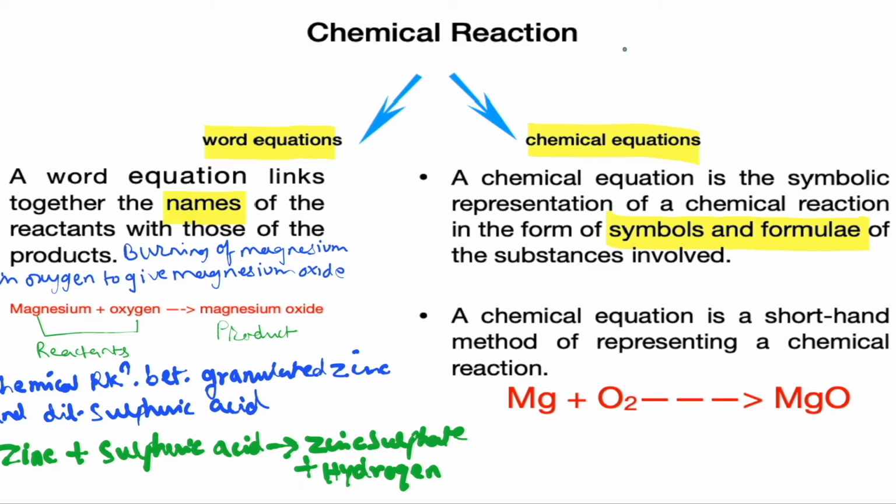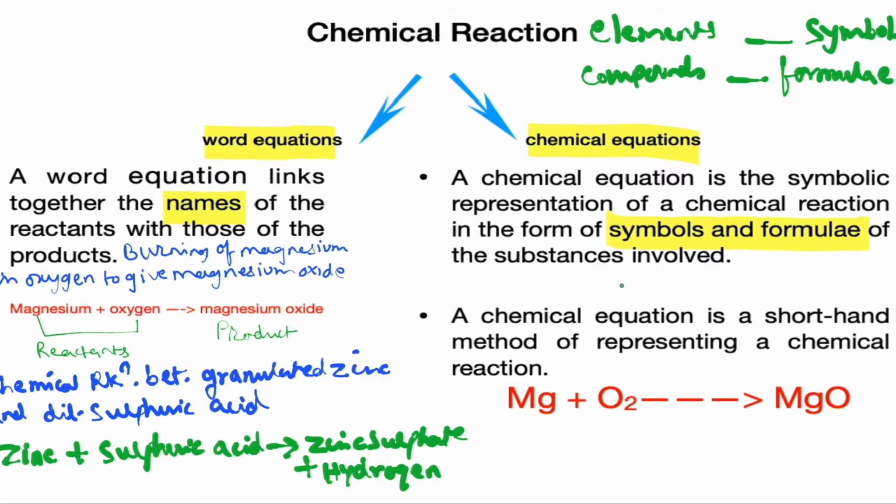Now look here. Children, just recall what we had learnt in class 9 chapter 2 of science. Is matter around us pure? Yes. We had learnt that elements are represented by symbols and compounds are indicated by formulae.